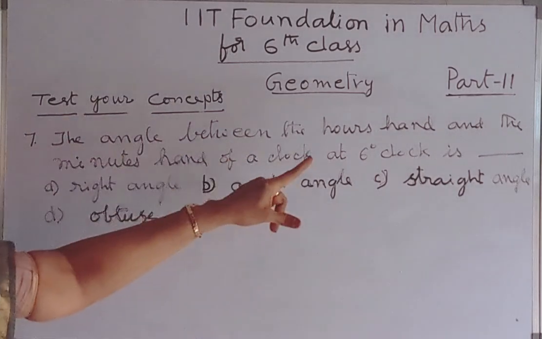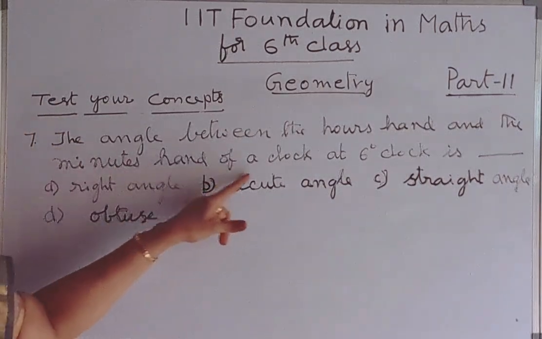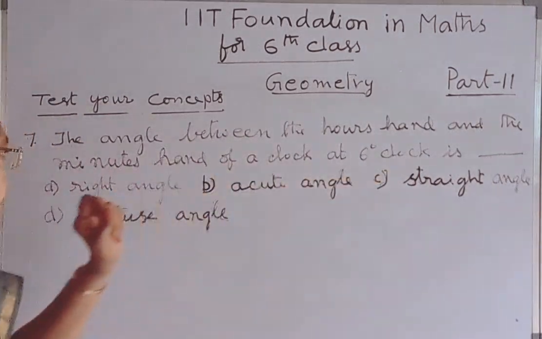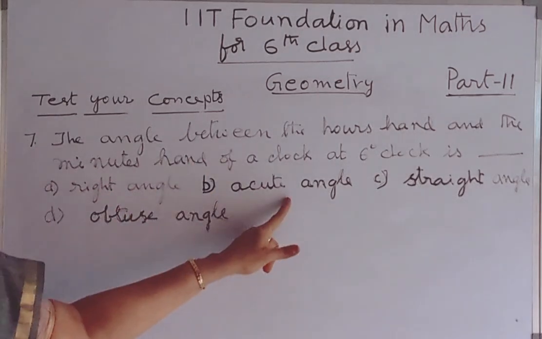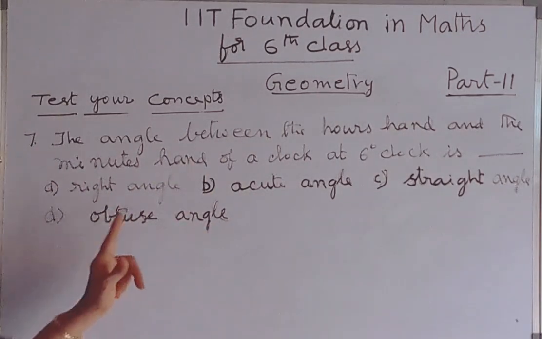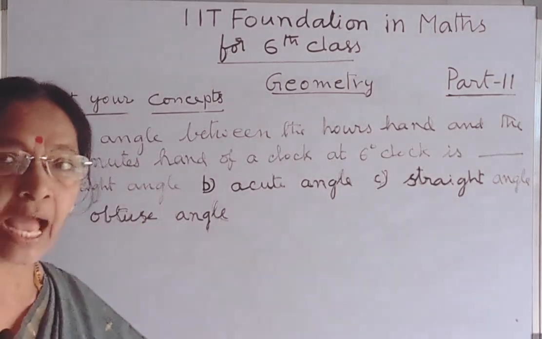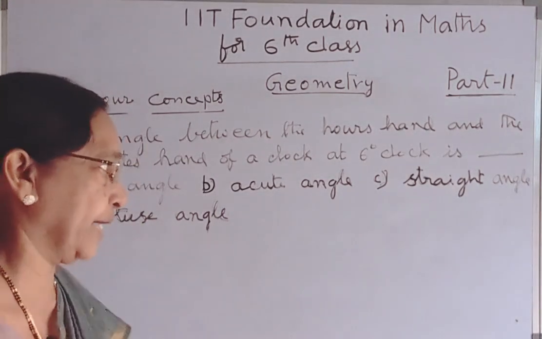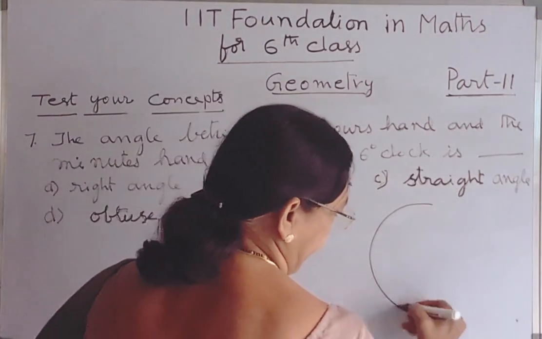The angle between the hour's hand and the minute's hand of a clock at 6 o'clock is: options, right angle, acute angle, straight angle and obtuse angle.